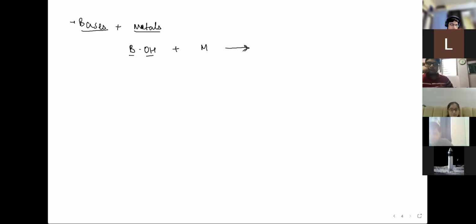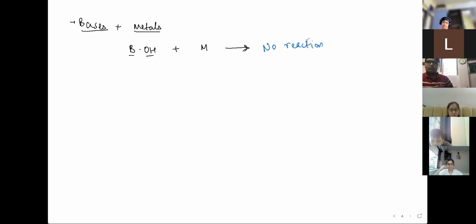So bases with metals? No, ma'am. There will not be any reaction that takes place. Yeah, because this base in water will split into M+ and OH-. If the metal was to ionize, it would become M+.